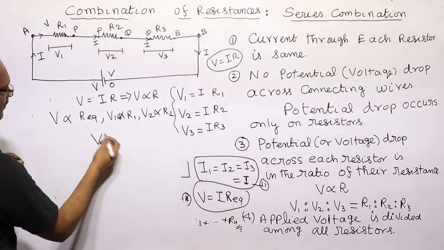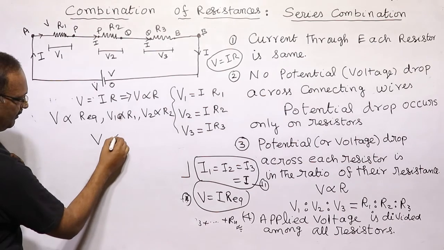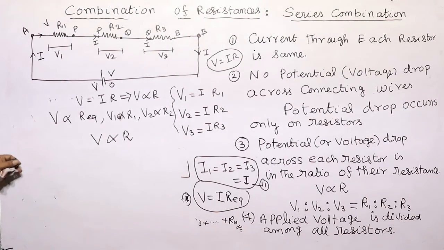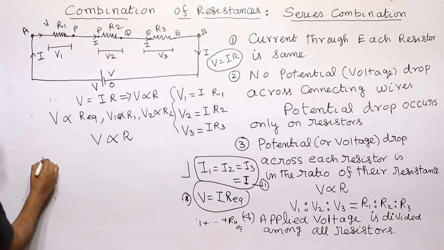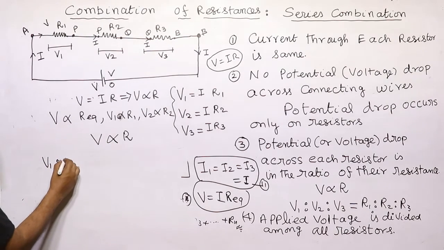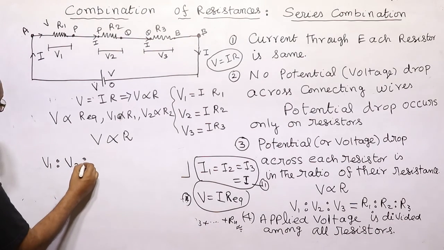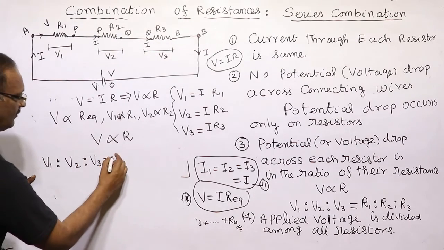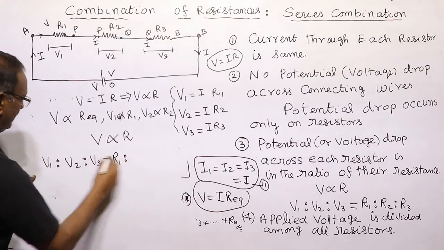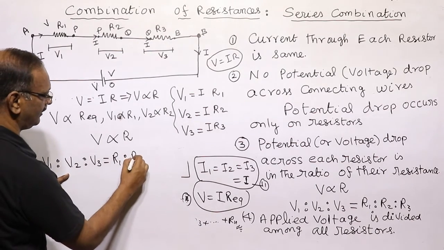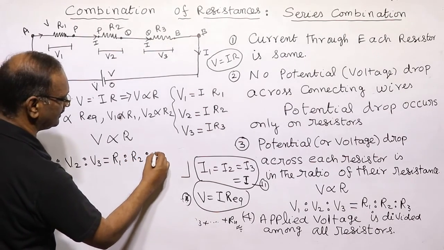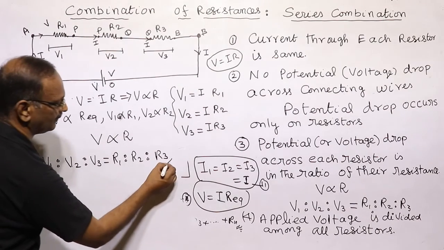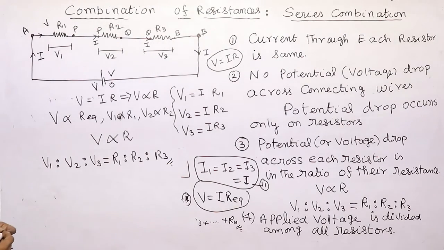In general, for series combination, the applied potential is proportional to resistance. In this case we can write V1 : V2 : V3, where V1 is proportional to R1, V2 is proportional to R2, V3 is proportional to R3, and so on. We can keep on writing for series combinations of resistance.